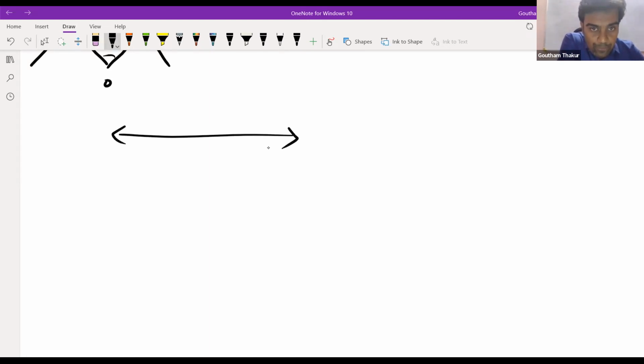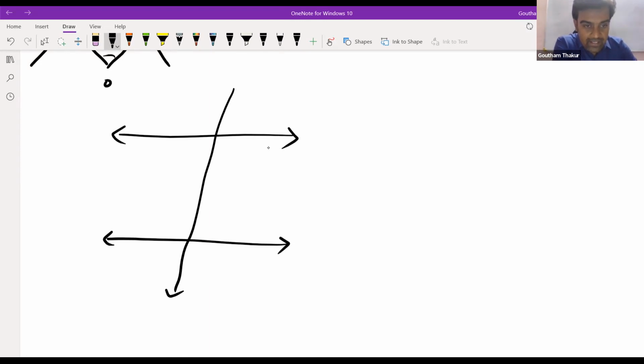If I have two parallel lines and a transversal, L, M, and P. Now, if I have bisectors for the interior angles, and there is a polygon formed.